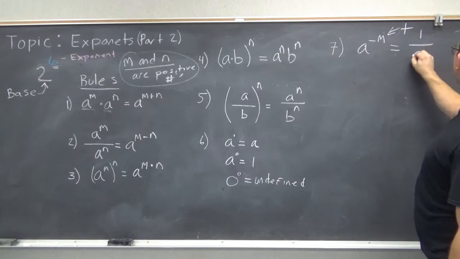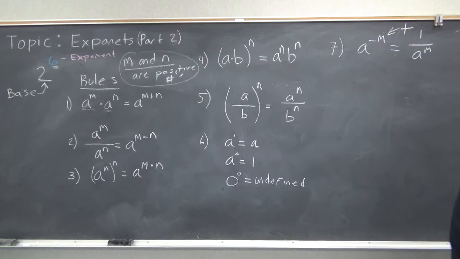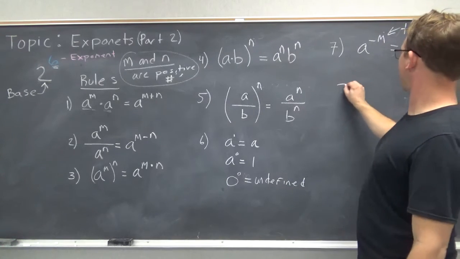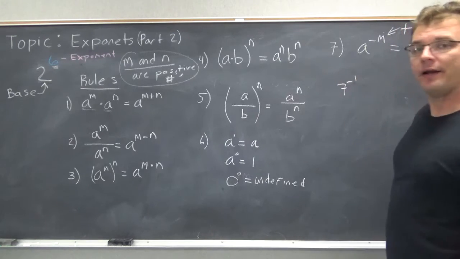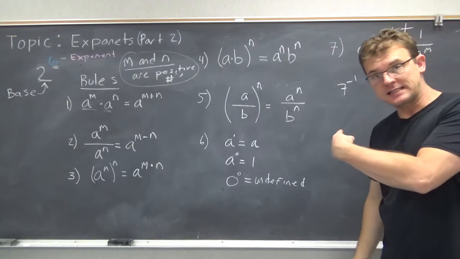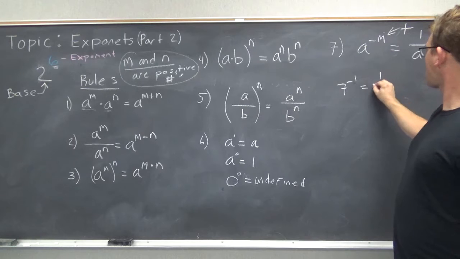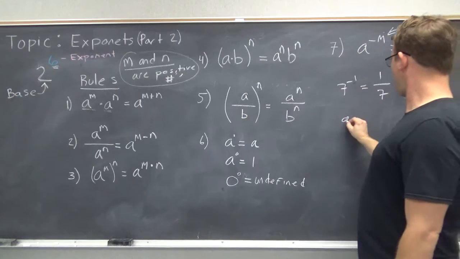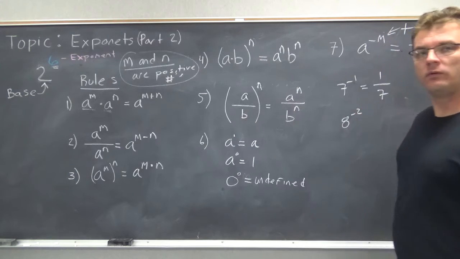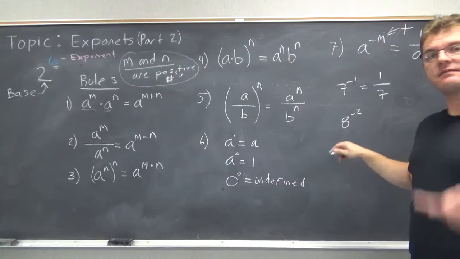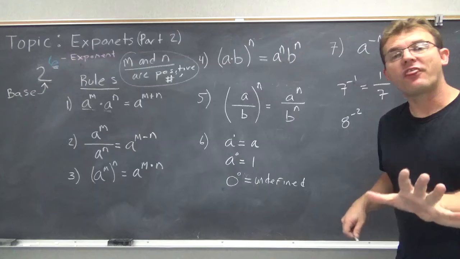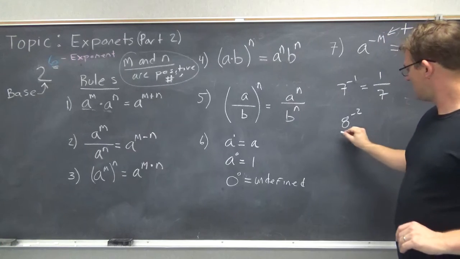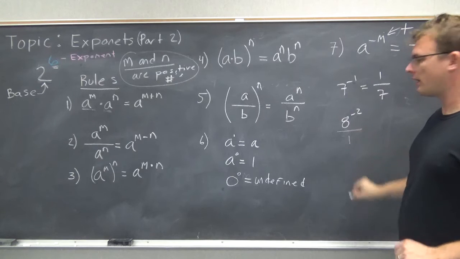I hope you know what the reciprocal is. For example, if I had 7 to the negative 1, to make this positive, it's 1 over 7. If I had 8 to the negative 2, to make this positive, I do the reciprocal. When this is 1 over 7, think about this: there's a 1 under that.